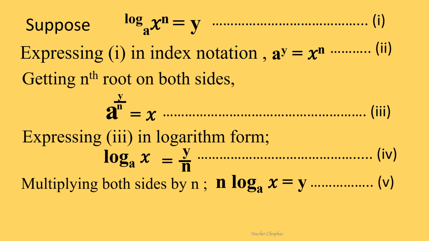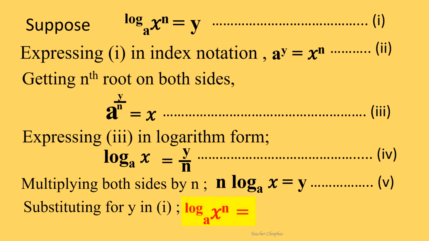Let this be our fifth equation. Now, substituting for y in our first equation, we have logarithm of x power n to base a being equal to n multiplied by logarithm of x to base a. Now, this is our sixth equation, which becomes our third law of logarithms.